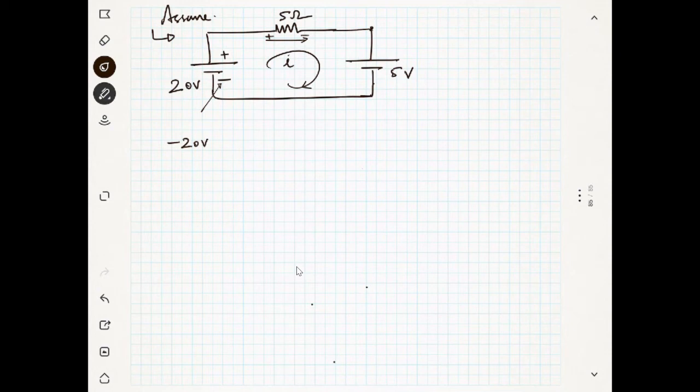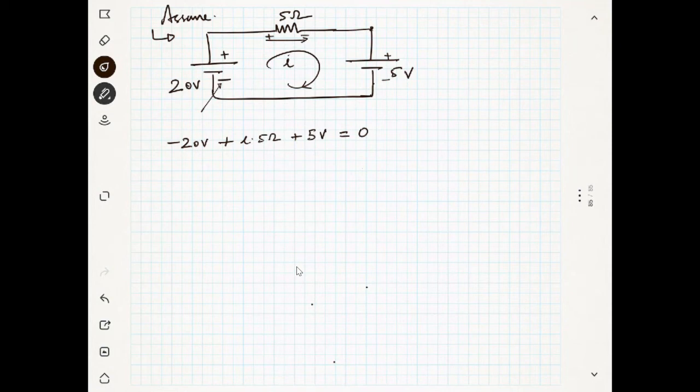I am assuming the current in the clockwise direction, so it is minus 20 volt. Then again plus I into 5 ohm, then plus 5 volt, and this total equals 0. I am just writing the Kirchhoff law.